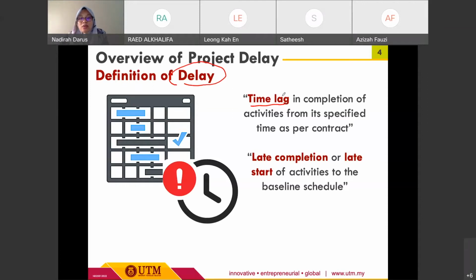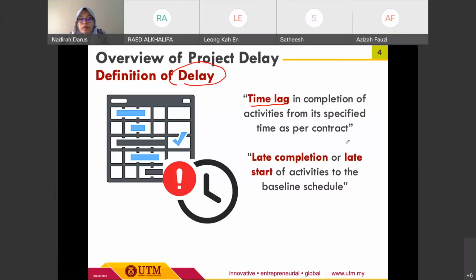Okay, so in detail, delay refers to the time lag in completion of activities from the specified time as per contract. Meaning that there is some deviation, some lag between the specified time and the actual one, right? So that's what delay refers to.